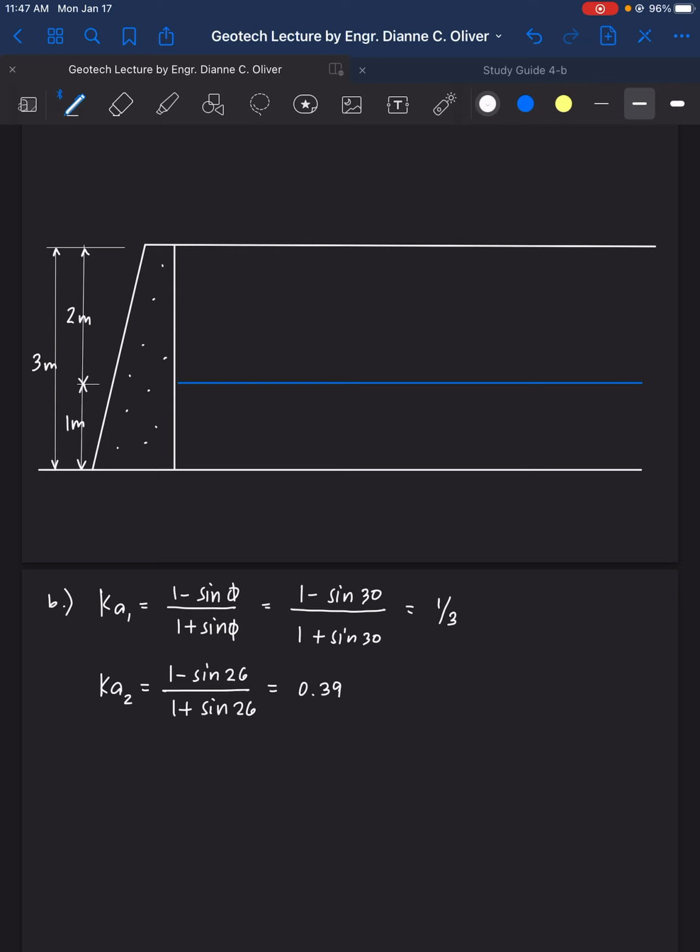Right, so let's start with the cohesion. There's no cohesion at the top. This is the water table. So there is no cohesion, but we have cohesion at the bottom.